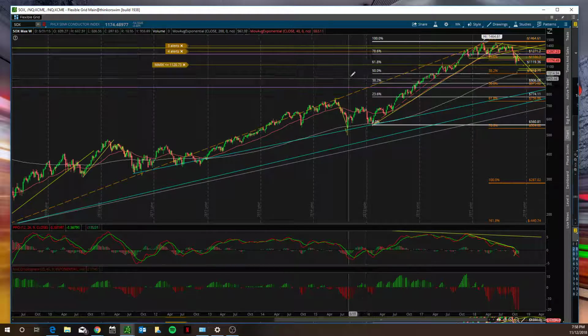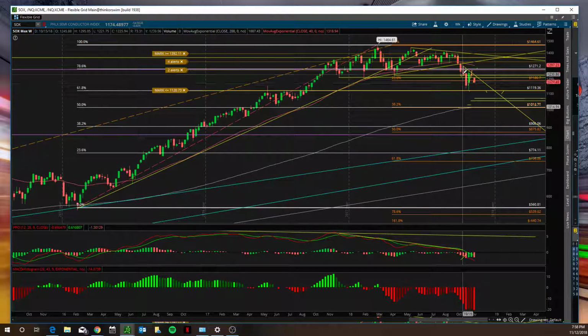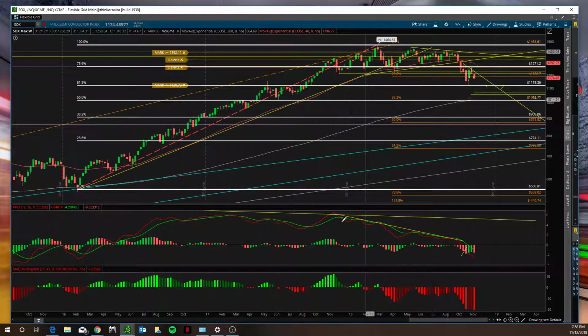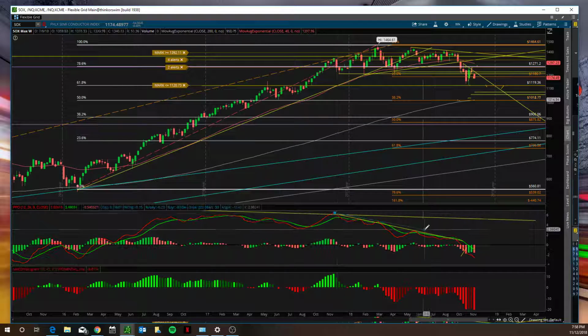For the first time, we have now broken down below this purple line. Not only that, but I'm sorry, I have a lot of stuff on this chart. As the price was going up, there has been negative divergence. See how the price is going up right here, but this indicator down here is going down.